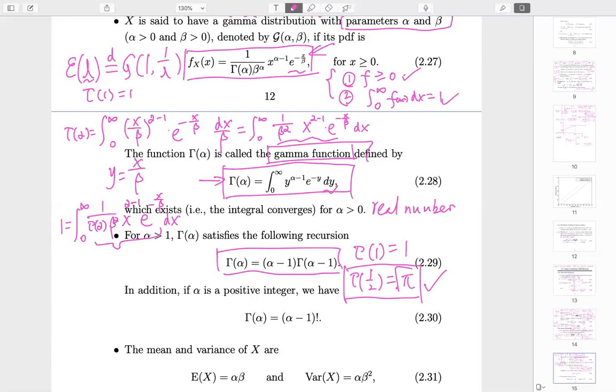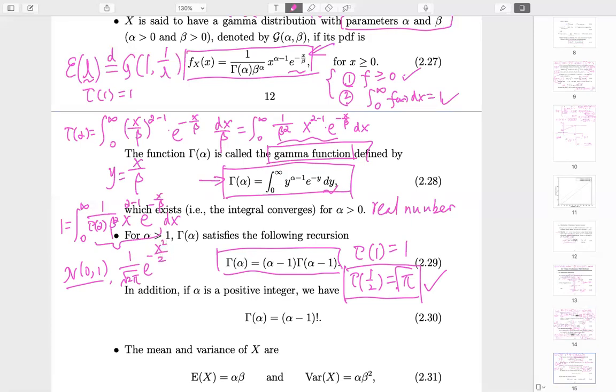The hint I can give you is think of the PDF of a normal distribution. For a standard normal, what is the PDF? 1 over square root of 2 pi e to the negative x squared divided by 2, right?